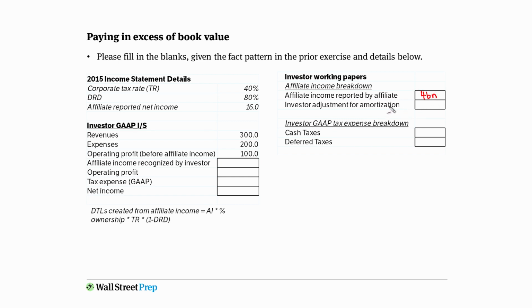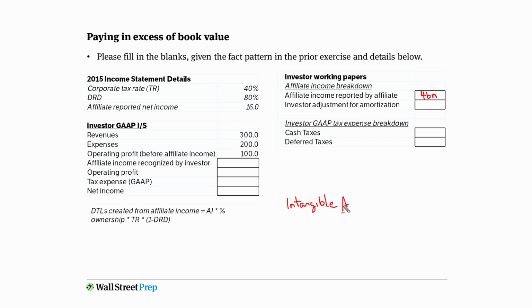But of course, because we paid so much above book value, we have to make an adjustment for the amortization that we recognized. Recall that we recognized intangibles as being worth about $4 billion more than what they're represented as on Yahoo's own balance sheet.